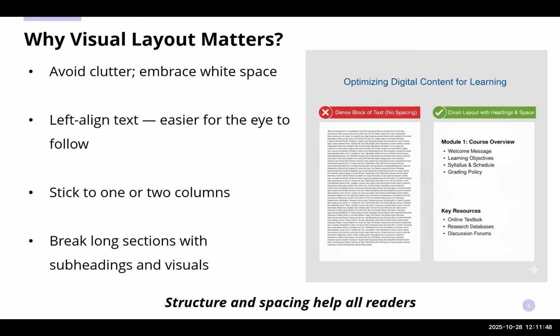So keeping things simple actually works for everyone. Break up long sections and use clear subheadings, short lists, or visuals to make the page more approachable. Think of it like giving your reader natural stopping points or little mental breaks where they can catch up before moving on.